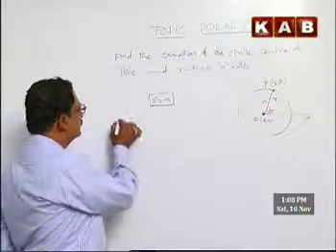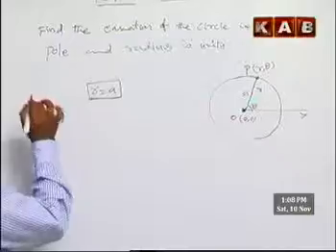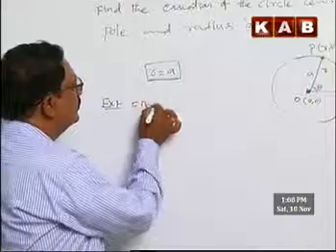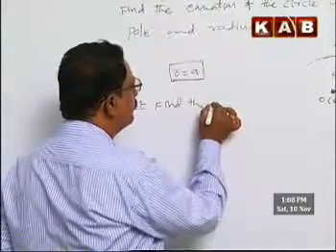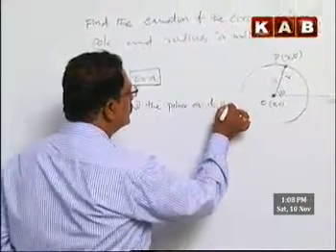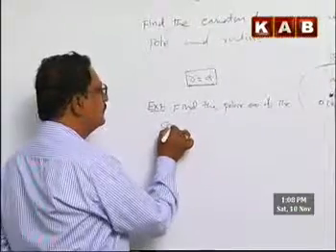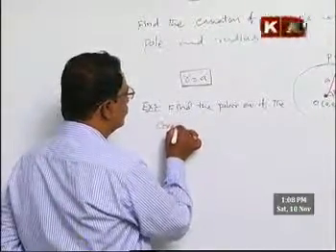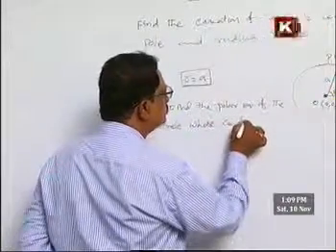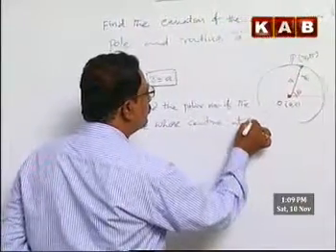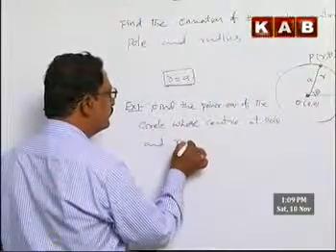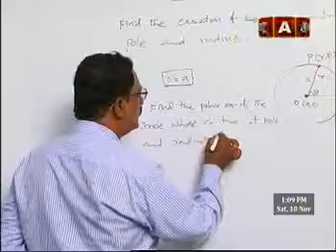Now, next example. Find the polar equation of the circle whose center is at pole and radius 5 units.